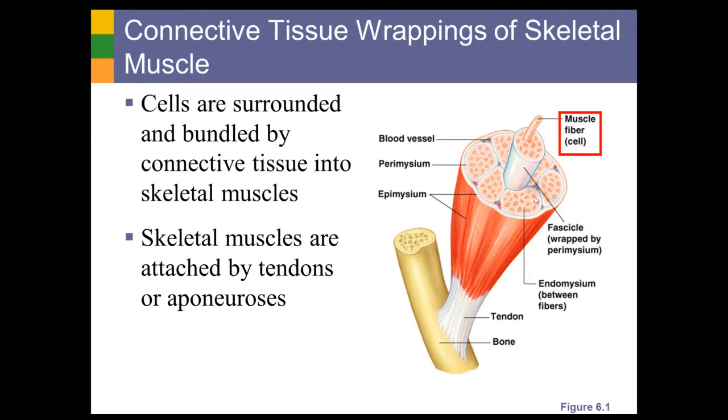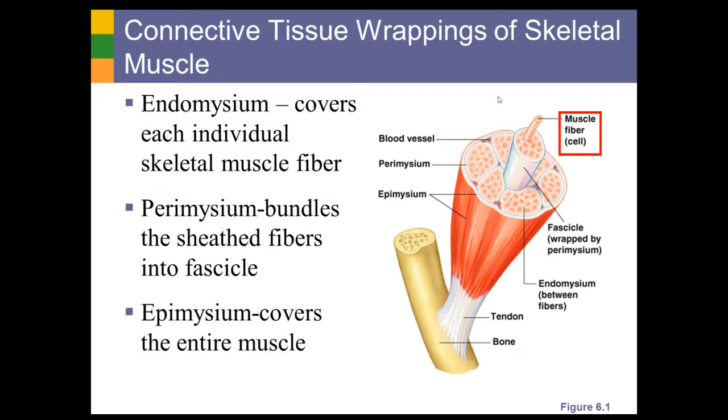Let's look a little more deeply at the anatomy of a skeletal muscle. A skeletal muscle, as I said, is basically composed of skeletal muscle fibers or cells wrapped in various layers of connective tissue. So you have an individual skeletal muscle fiber here, and then what surrounds each skeletal muscle fiber is a layer called an endomysium.